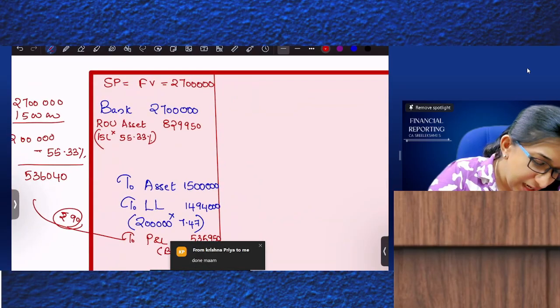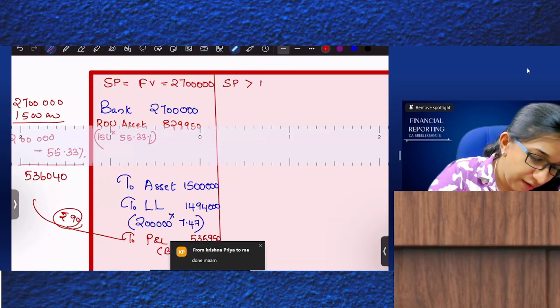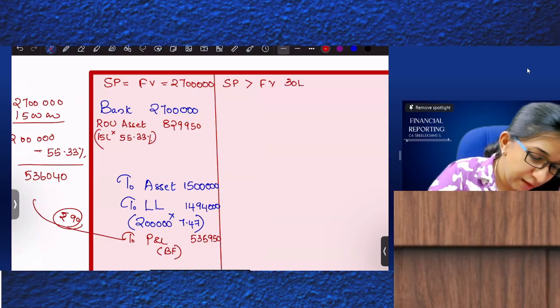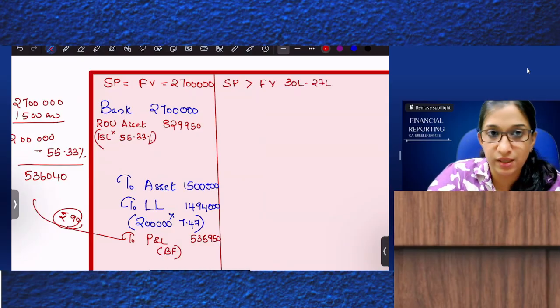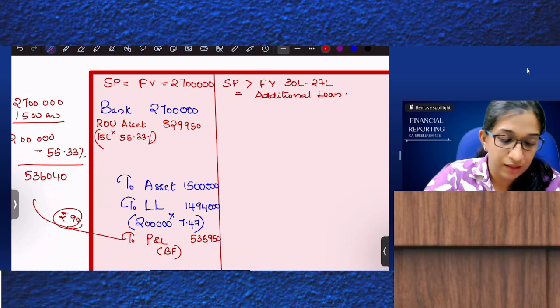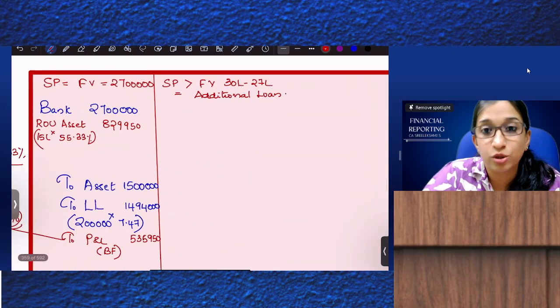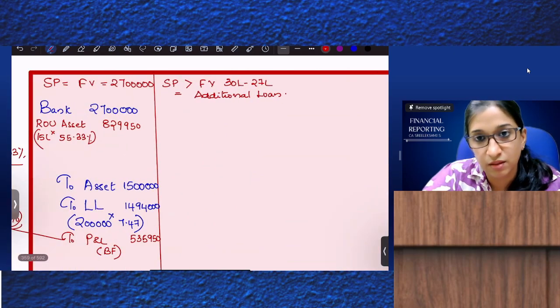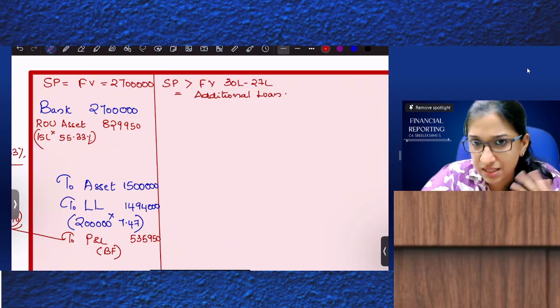If selling price is more than fair value, that is, 30 lakhs is the selling price but fair value is only 27 lakhs, then the difference is additional loan, additional financing given by the lessor to support the lessee.